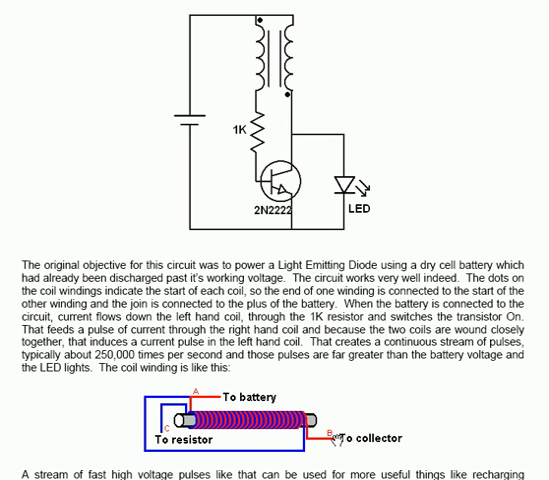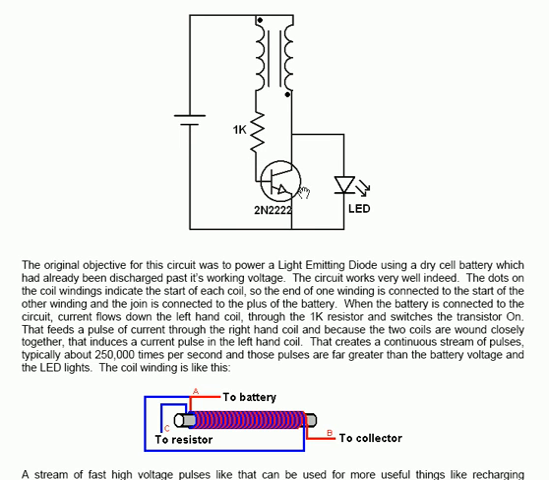The original objective for this circuit was to power a light emitting diode using a dry cell battery which had already been discharged past its working voltage. The Joule Thief circuit works very well indeed.